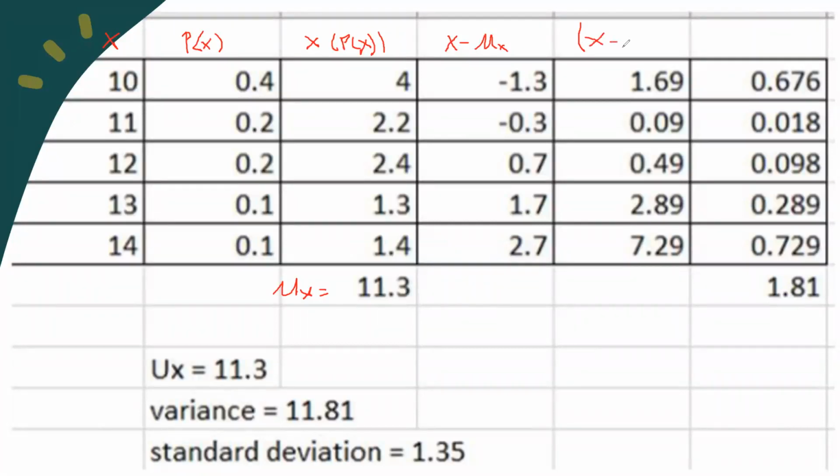So, matapos natin kuhanin yung difference ng mean at saka ng x, in-square po natin siya. After that, we multiply it to our p of x. So, p of x ay minultiply natin sa x minus mu squared. Then, nakuha natin ang 1.81. And this serves our variance.